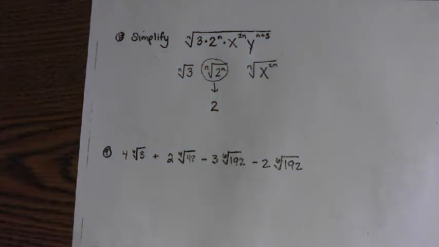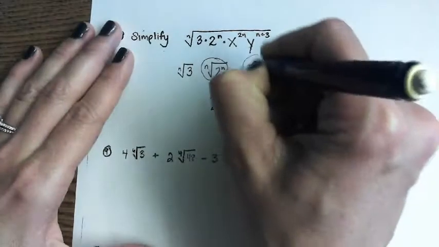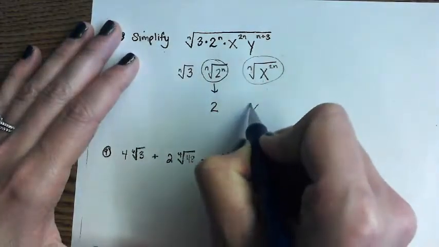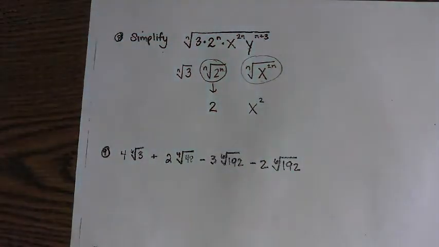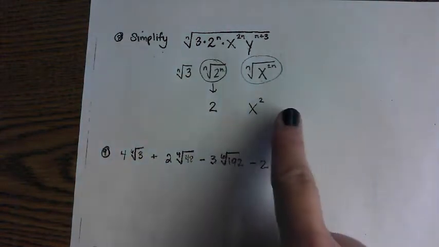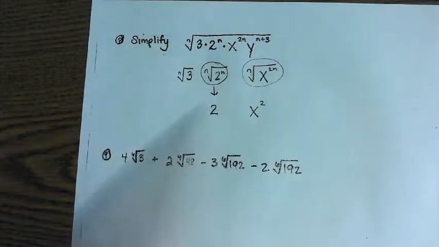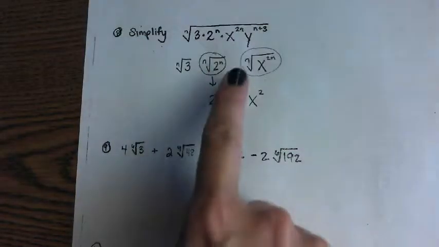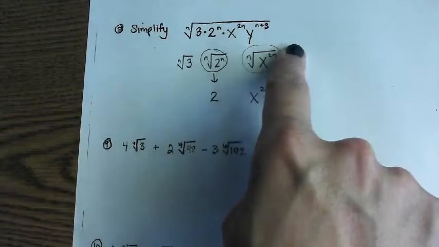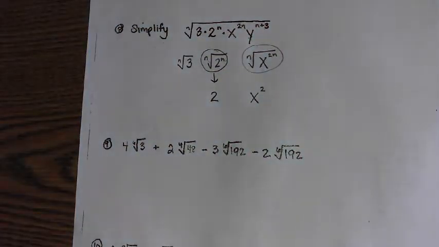How many times? Twice. So I will be able to keep the same base of x to the second power. For example, if n was 3, it would be the cubed root of x to the 6th. That's x squared. If n was 4, it would be the fourth root of x to the 8th. That would be x squared. Good?